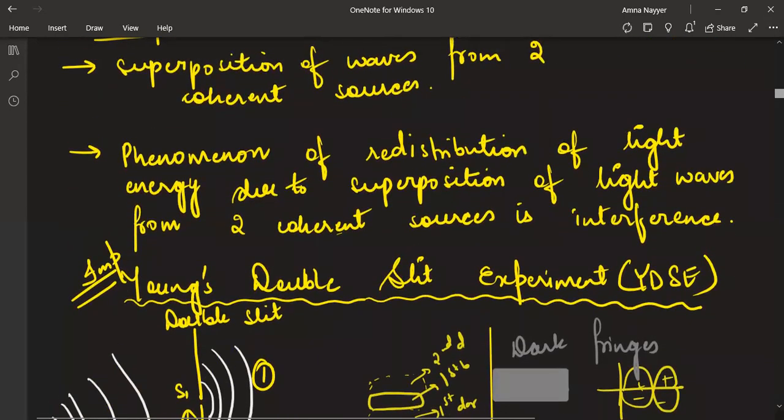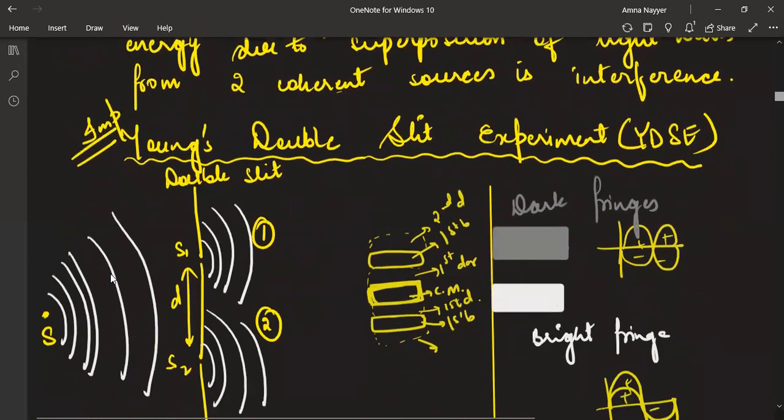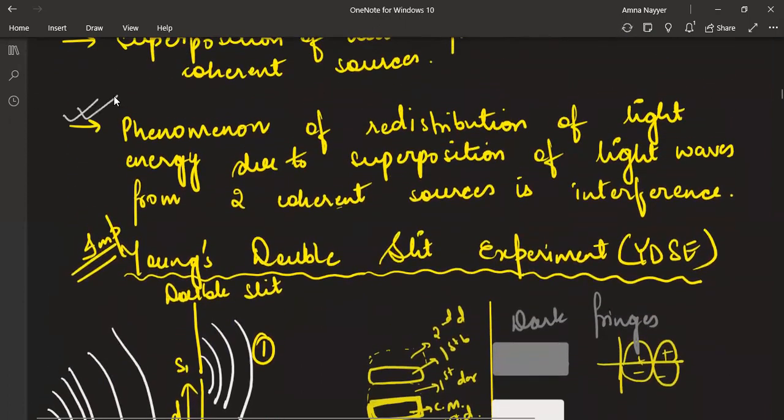I'll mark this definition here; use this definition only when referring to it in your notes. The phenomenon of redistribution of light energy due to superposition of light waves from two different coherent sources is termed interference.